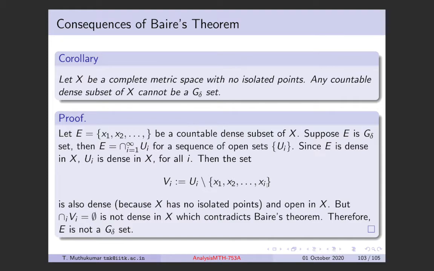So this is also dense, because the intersection of V_i is empty and this is not dense in X. Right? So now that contradicts the Baire category theorem, because these V_i are also dense subsets and open in X by this definition itself. This is open and dense. You are just removing a finite number of points. So V_i is also a dense open set.